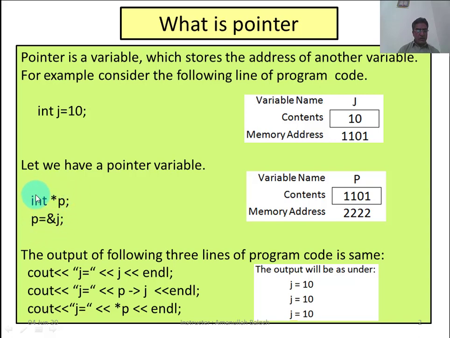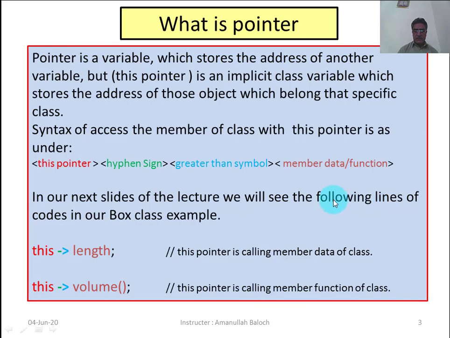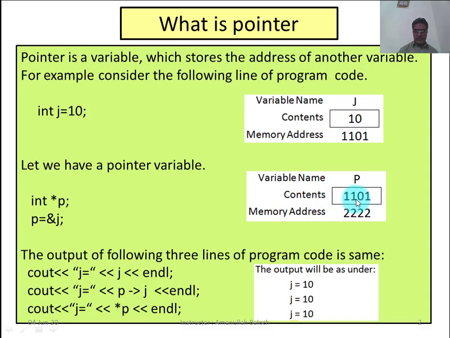So what the computer will do in response to these two statements: the computer will create a memory location, and this time the contents of this memory location are not a standard value. Instead, the contents are related to the address of a variable.